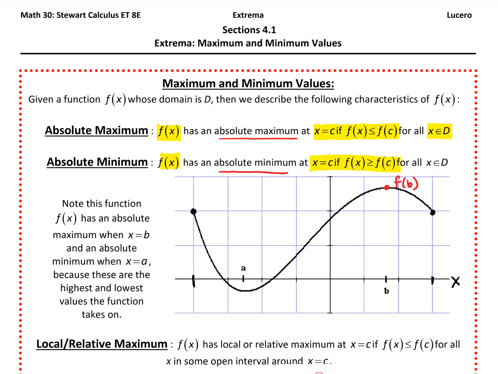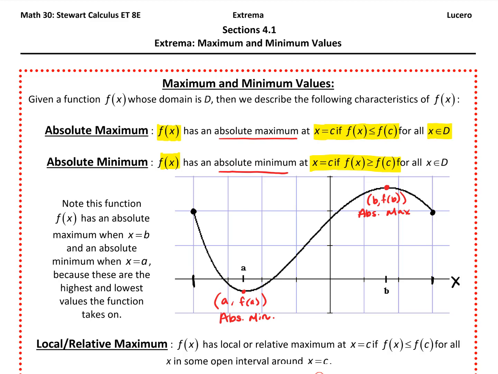I'm going to write that as an ordered pair, b, f of b, an absolute max of this function, because that point is higher than any other point on the domain of the function. And this point right here, a, f of a, is an absolute minimum point.